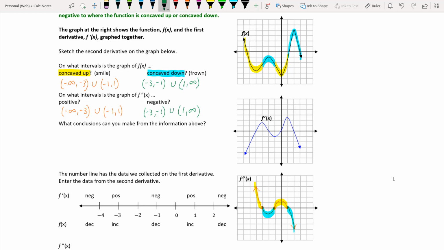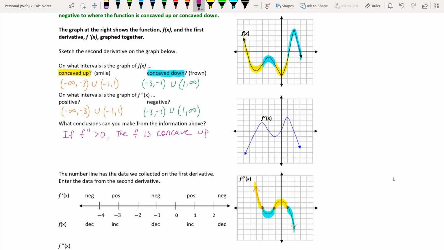So conclusions that we can make here, we can definitely say that if f double prime is greater than 0, then f is concave up.